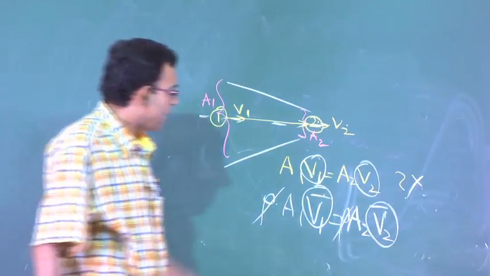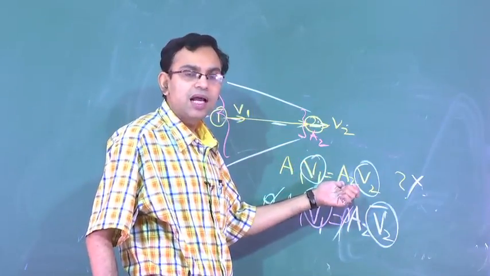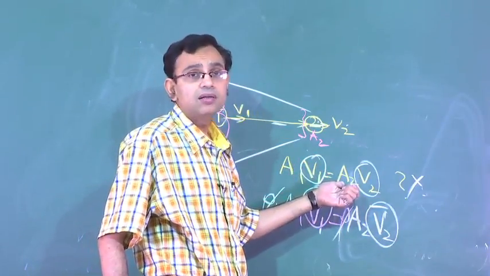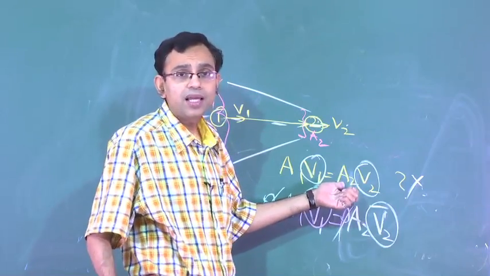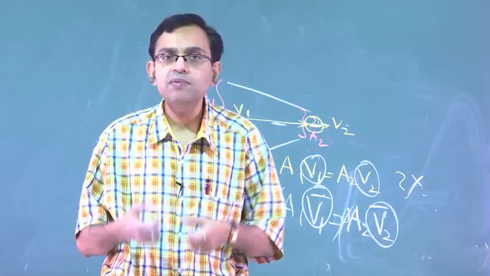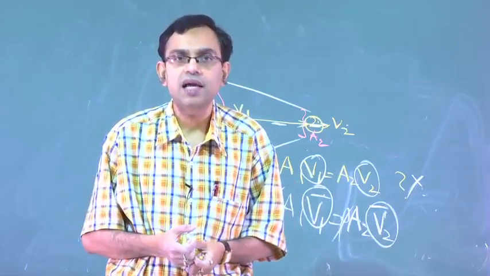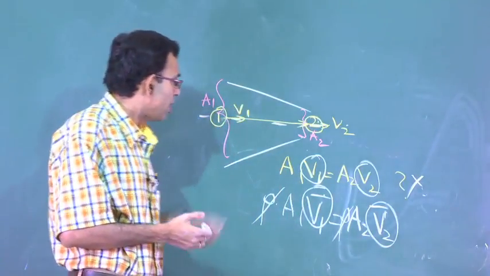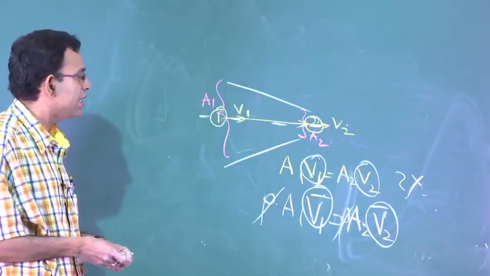But many times we use this equation and we get away with the error. Why? See, this is very interesting. In practical life sometimes ignorance is a blessing in disguise. So, how can this ignorance be a blessing in disguise?